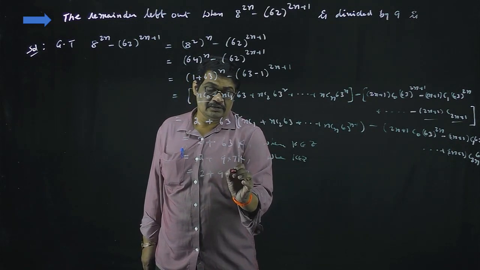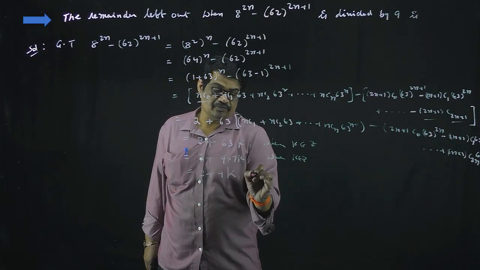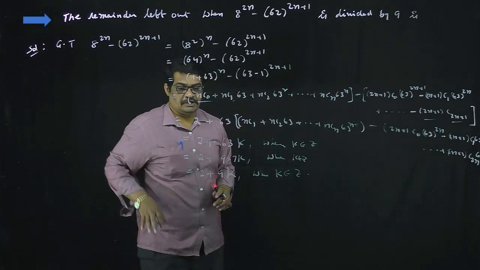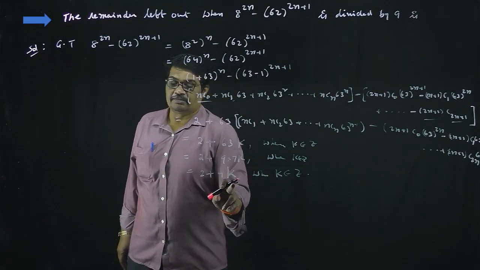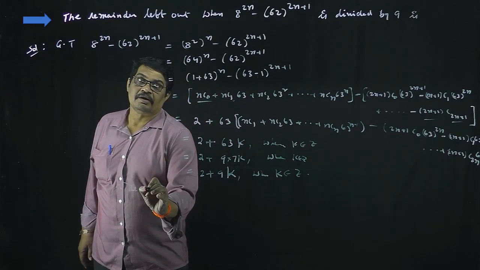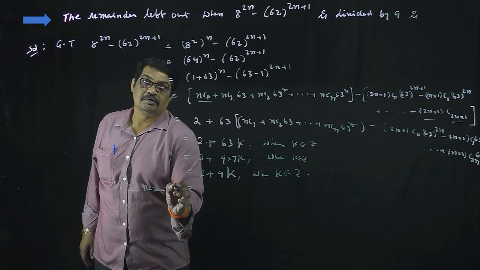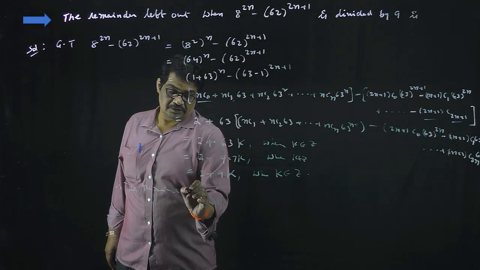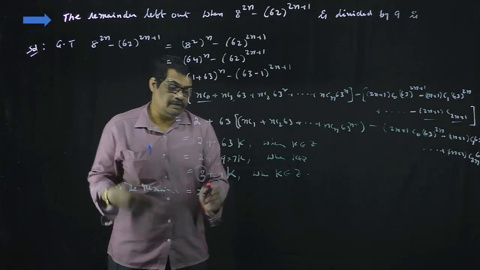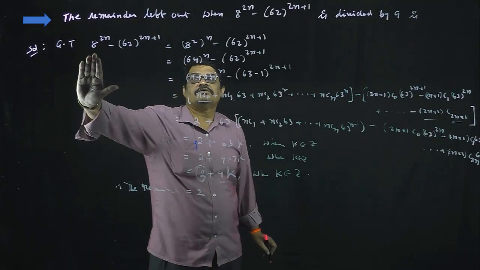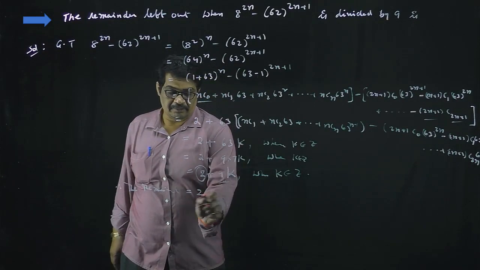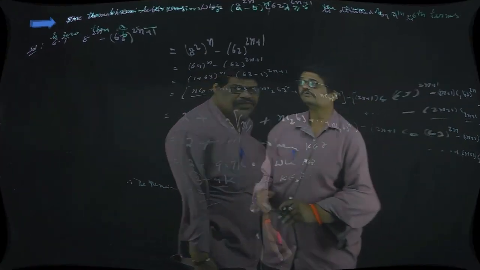Now we take this as some integer capital K. Now this given expression can be written as 9 into some integer plus 2. Therefore the remainder is equal to 2. This is the remainder when the given expression is divided by 9. The remainder is 2. This is the remainder.